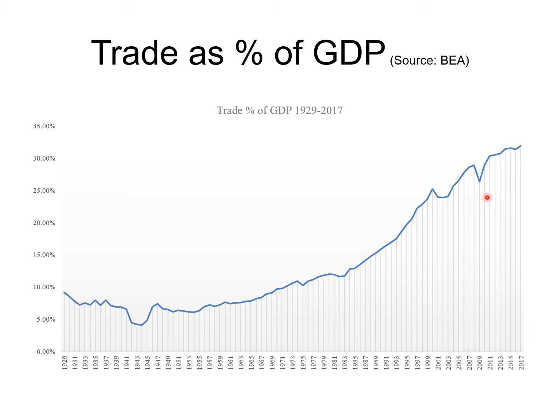Comparatively to today, a very low percentage in the volume of trade. This is as a percentage of the gross domestic product at the time. And you see that during the Great Depression, from really 31 through 39, as a percentage of gross domestic product, trade becomes less and less.